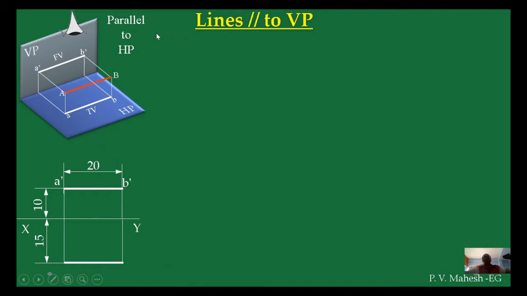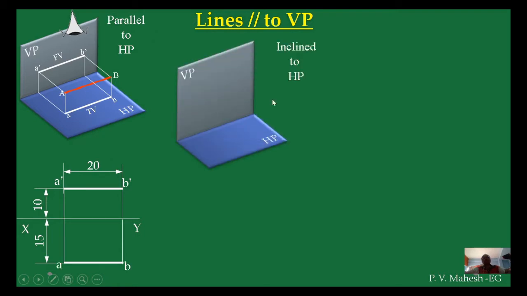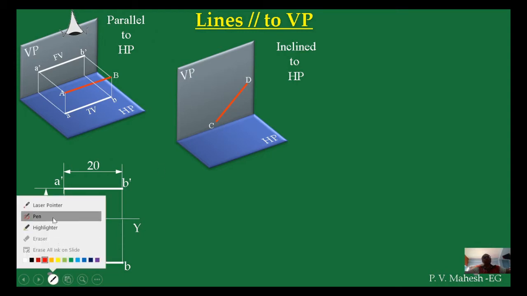So next one is when the line is parallel to VP and inclined to HP. Okay, so inclined to HP. So we are taking these planes here and this is the line. The line is inclined to HP.